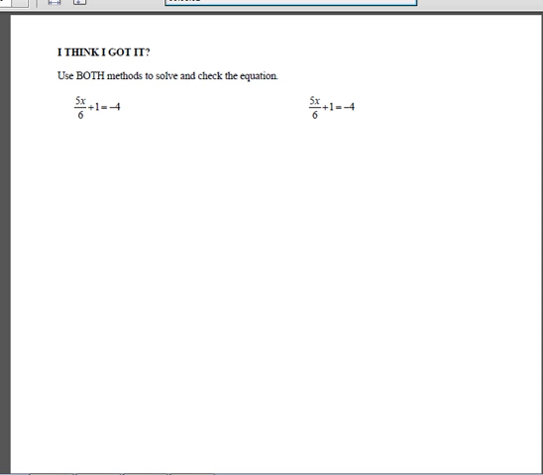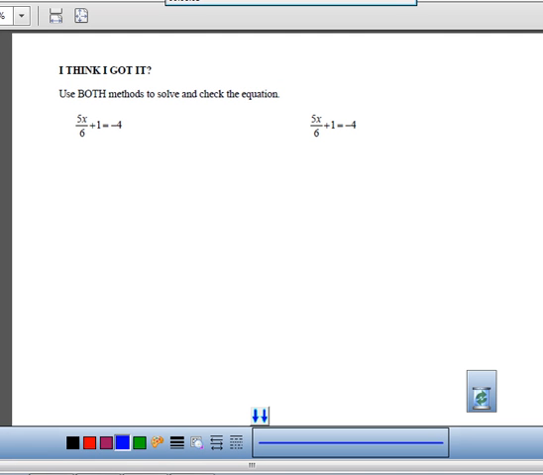We have 2 examples. We're going to use both strategies, and we're going to solve, and we'll do one check at the end, just to make sure that it works. Okay, so first step is the step-by-step method. So I'm going to subtract 1 from both sides.